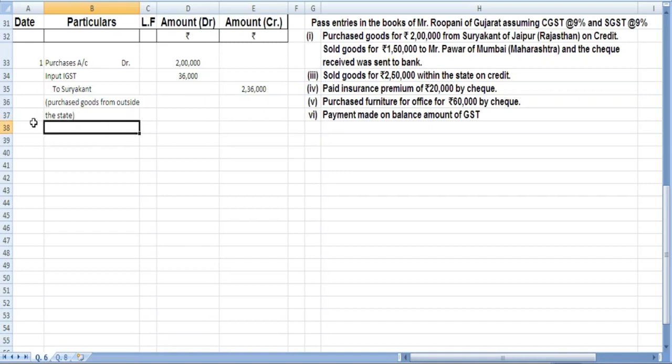next we have here is number 2. Number 2 says sold goods of 1,50,000 to Mr. Pawar of Mumbai, Maharashtra, and a check received was sent to the bank. Okay, so here we have received a check, so we'll write here to bank account, to bank account we will debit.